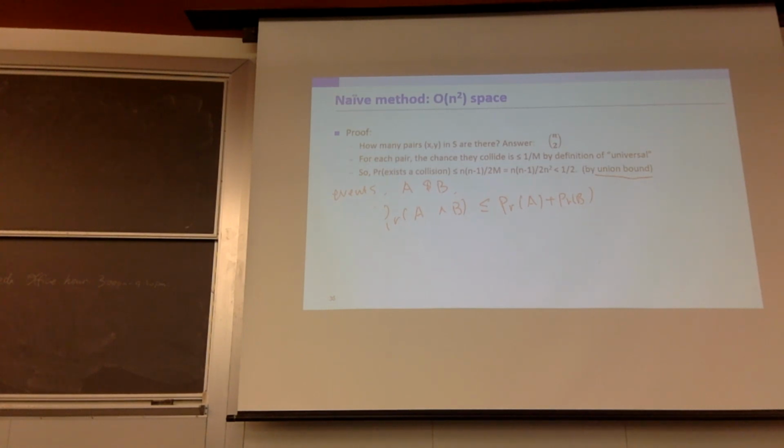If you flip a coin and see whether it's head or tail, and let's say your event A is that you end up with a head, and your event B is that you end up with a tail.